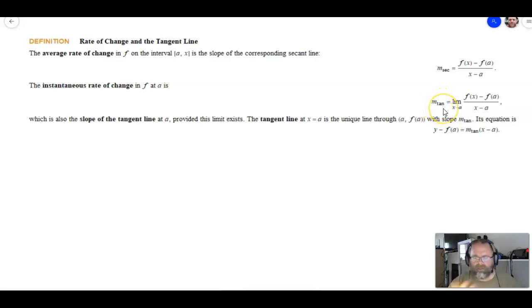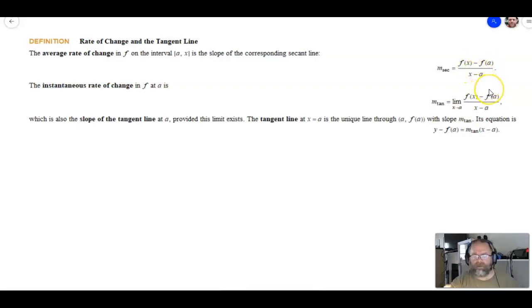So we can really use the definition of limits here to come up with a limit that solves for the slope of the tangent line at any point on a curve. And here's the one that we're going to use right here. So m sub tan, which is the slope of the tangent line, is equal to the limit as x approaches a. That means those two x values are getting closer and closer together. And we're using the same formula as before here.